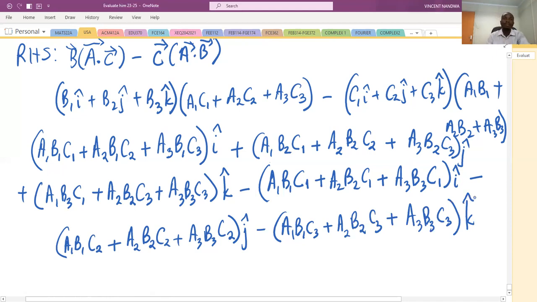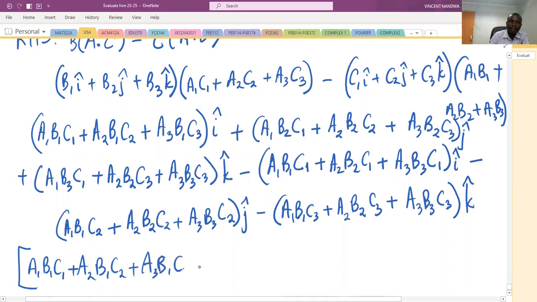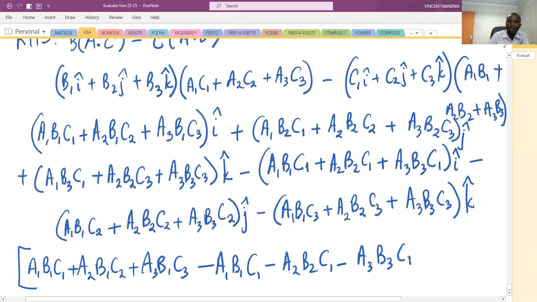Just now collect like terms, like vectors. So vector I together, J together, and then K together. So we'll have I, this one is A1 B1 C1 plus A2 B1 C2 plus A3 B1 C3 minus, so this will be everything negative. So A1 B1 C1 minus A2 B2 C1 minus A3 B3 C1.